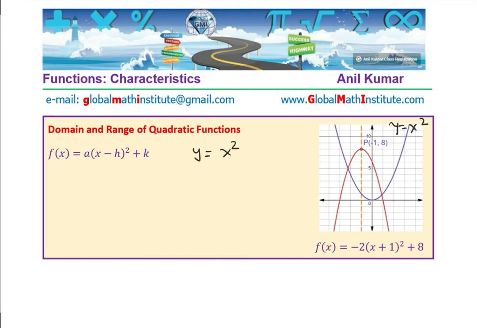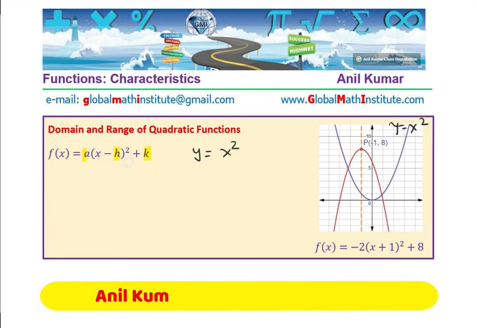Perfect. Now, let's look into these parameters. a means a vertical stretch, and h and k are translations. Anything inside this bracket relates to horizontal, outside relates to vertical. That really means that if I have a coordinate point, let us say on y equals x squared, the coordinate points are x and y.